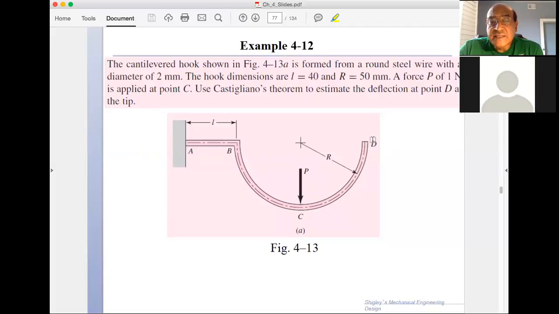I can sum them up like vectors in a vector diagram, and it gives me the exact direction of point D: where it is going to go, and in what direction. So this is a very nice feature of Castigliano's theorem.